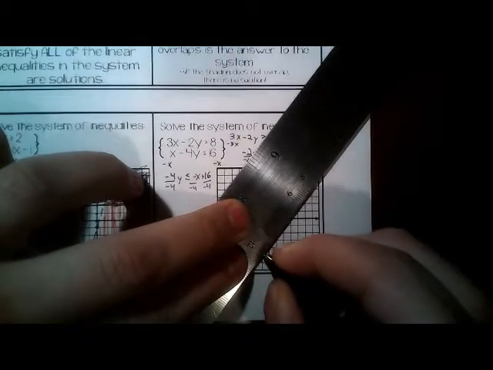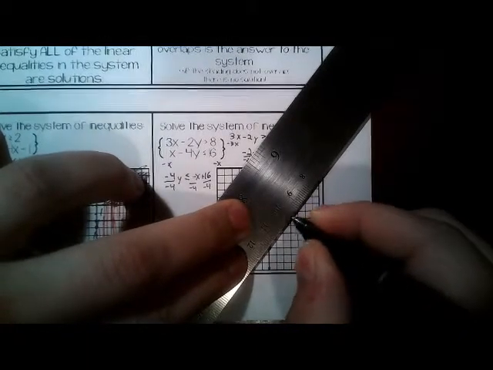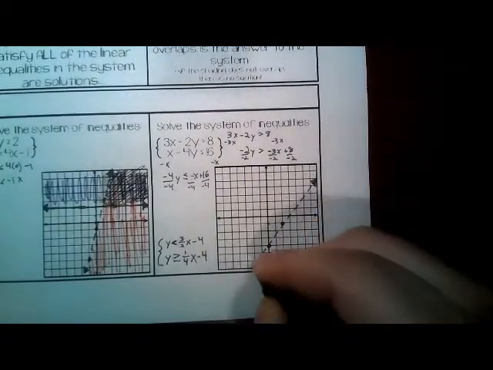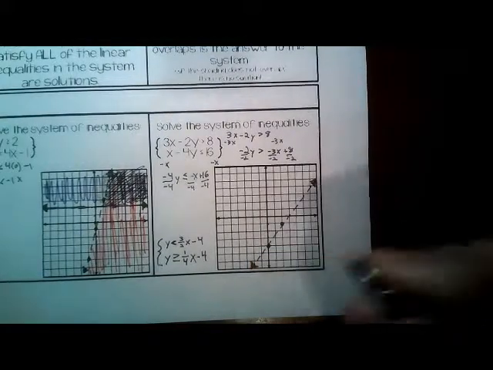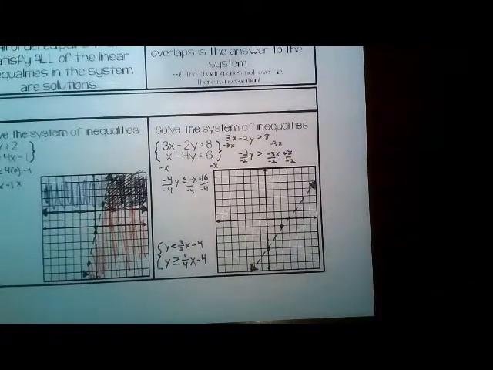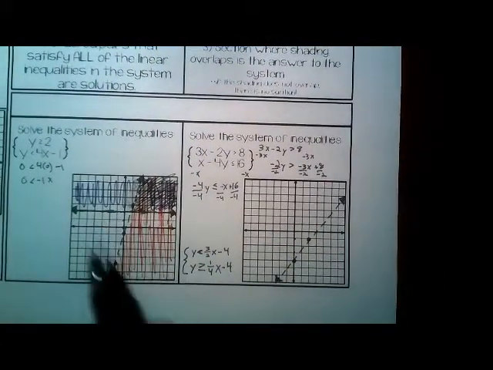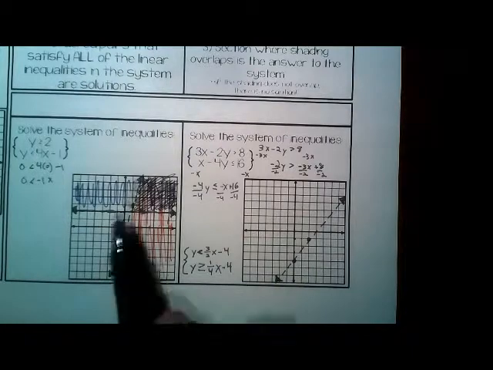So as I go, I'm just going to pick up my pen, draw my arrows. Okay. Now I have a method that I use to make the solution less messy to look at.